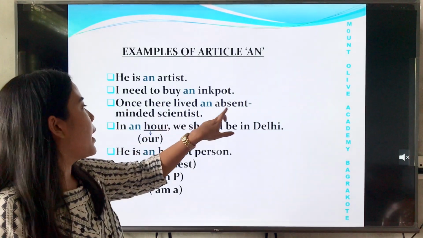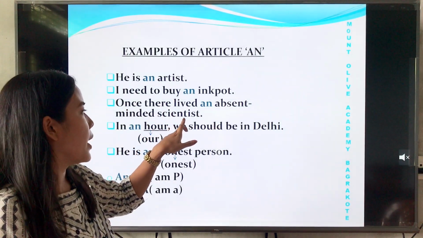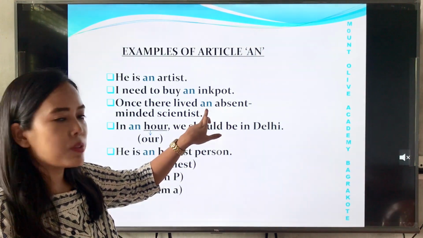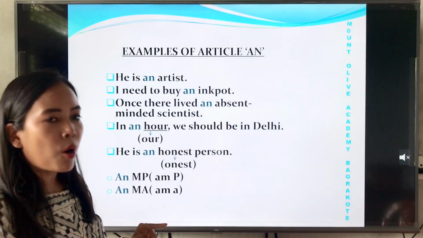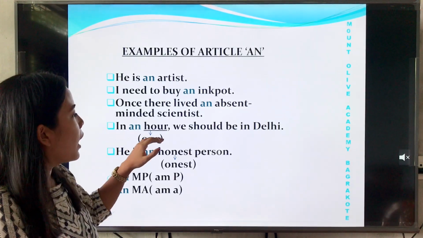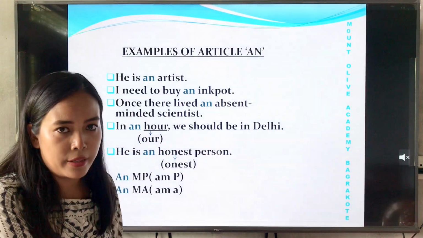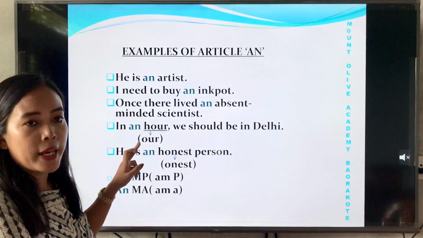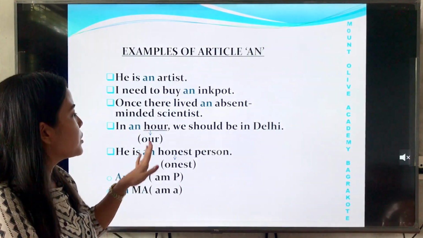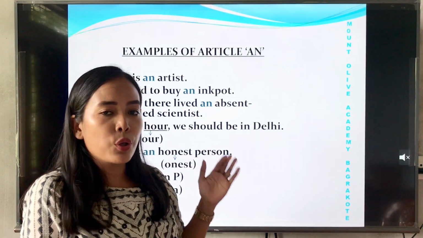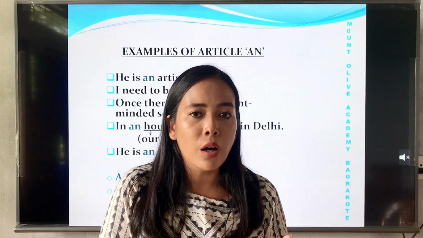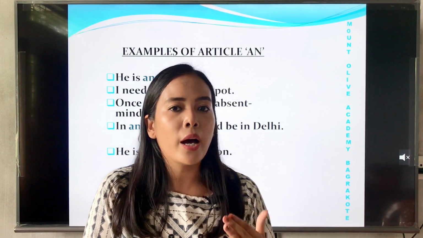Once there lived an absent-minded scientist, okay. So A is a vowel, so we will use an. Now the next important point, in an hour we should be in Delhi. H is a consonant, right, but we are using an. Why? Because when we say H-O-U-R, we don't pronounce it like hour with an H sound.